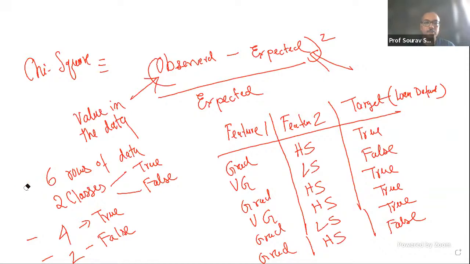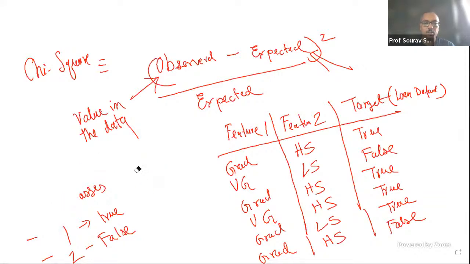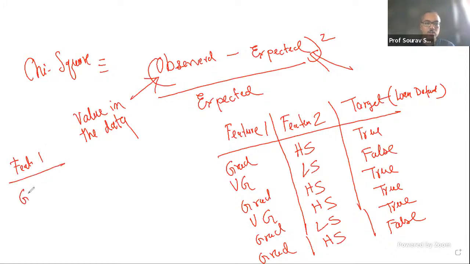Let me come to the first variable, called feature 1. Feature 1, we have two values, graduate and undergraduate.